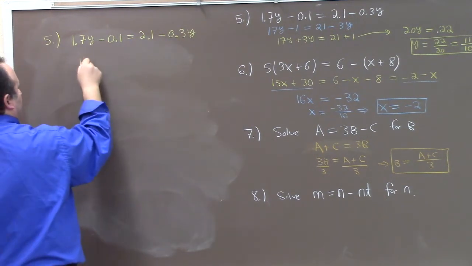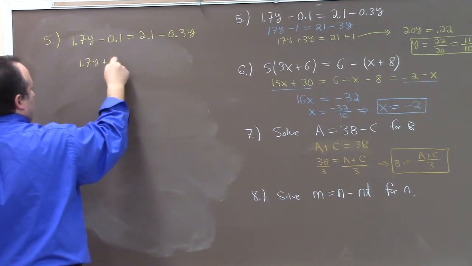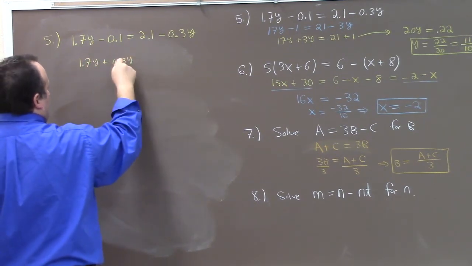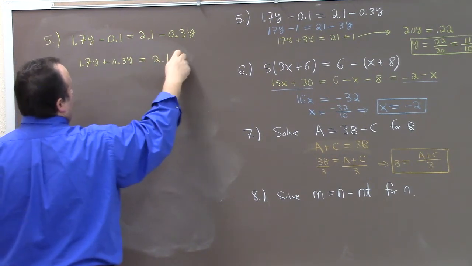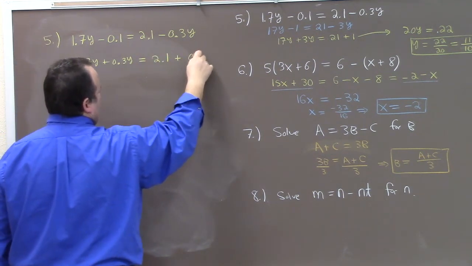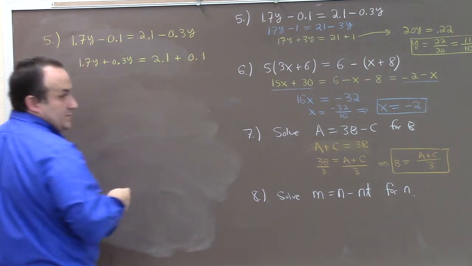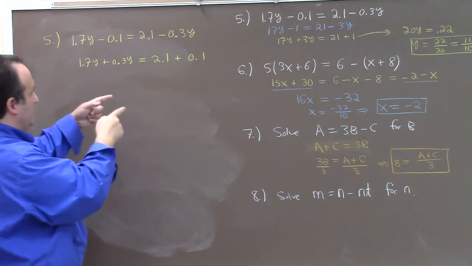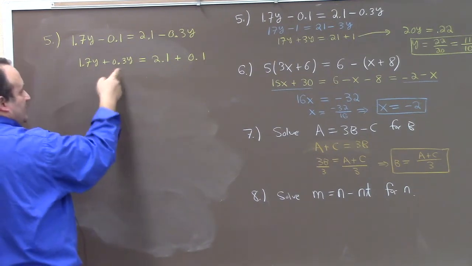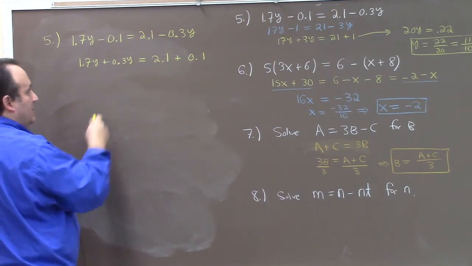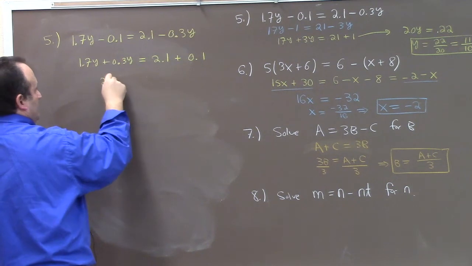I got 1.7y plus 0.3y, right, equals 2.1 plus 0.1. So I added 0.1 and added 0.3, right? What's 1.7 plus 0.3?